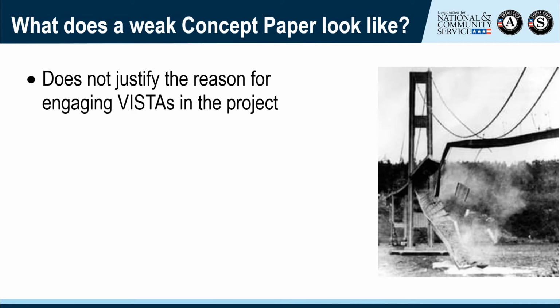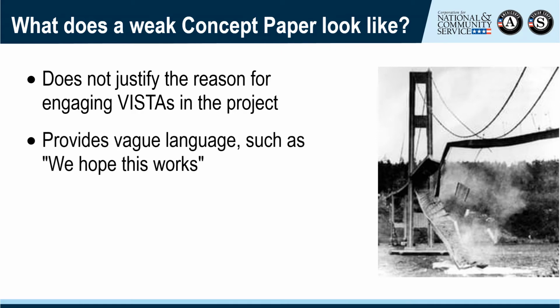In addition to those, here are some more serious issues to watch for. A narrative that does not justify the reason for engaging VISTA members. If the concept paper doesn't articulate why VISTAs are the right resource for the need, it's hard to justify further consideration. Another major weakness is a narrative that does not make a compelling case for the project and its likelihood of success.